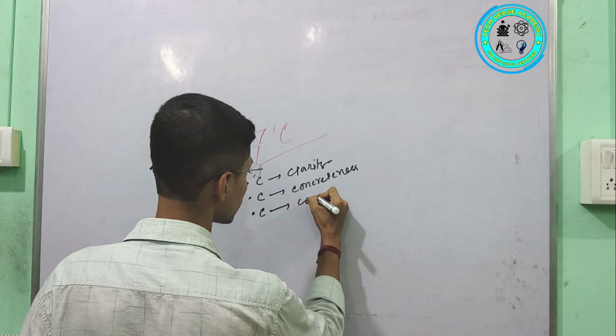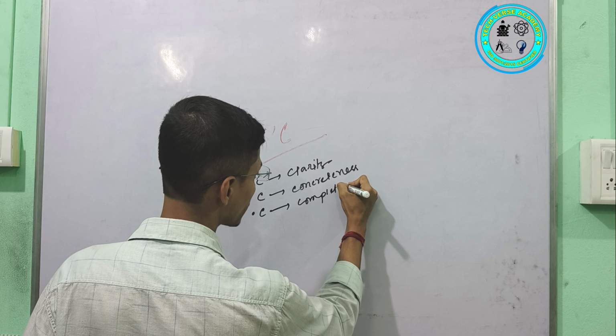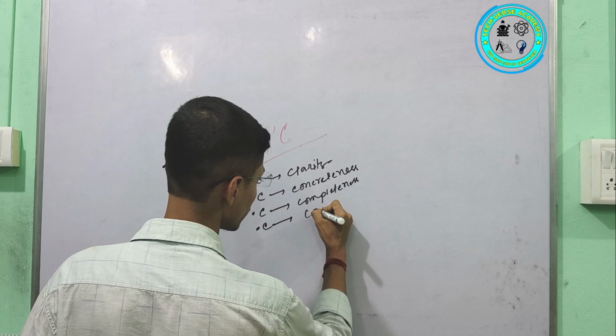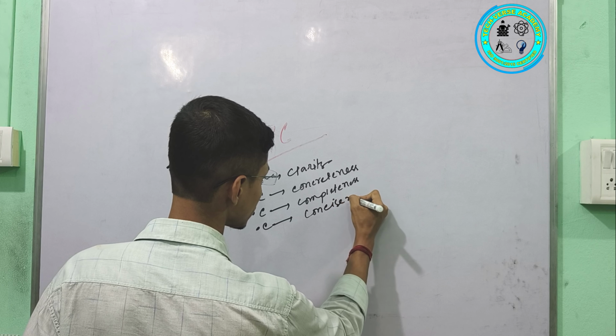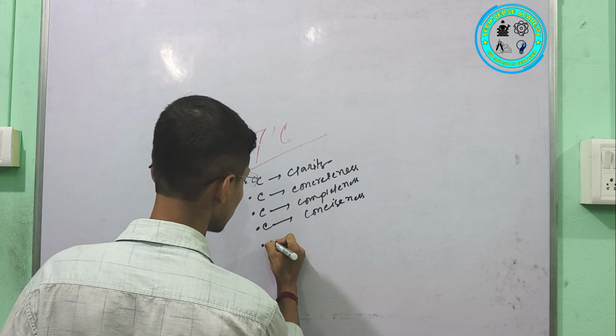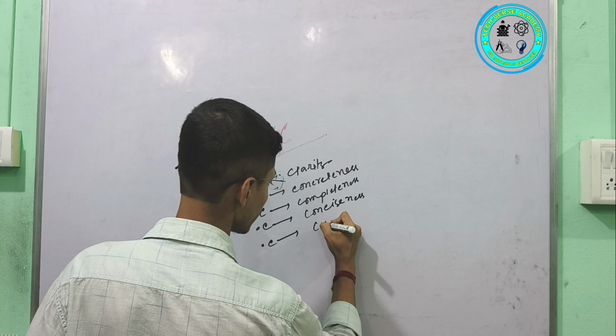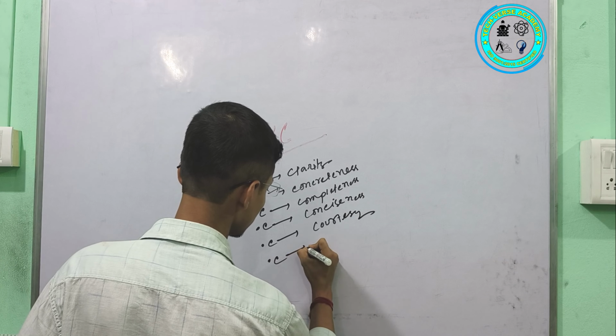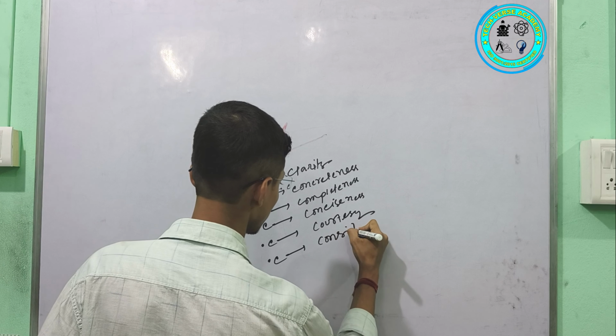Third C is completeness. Fourth C is conciseness. Fifth C is courtesy. Sixth C is consideration.